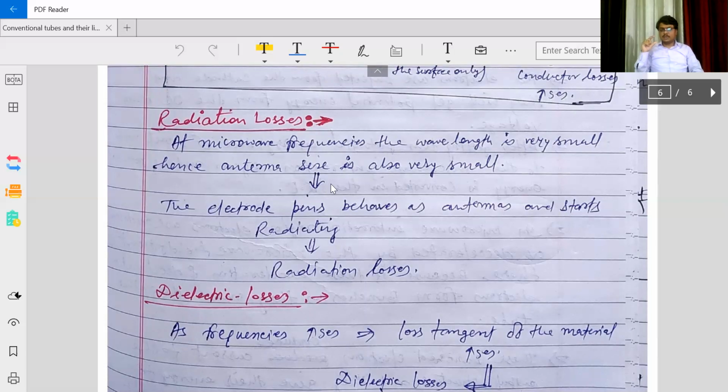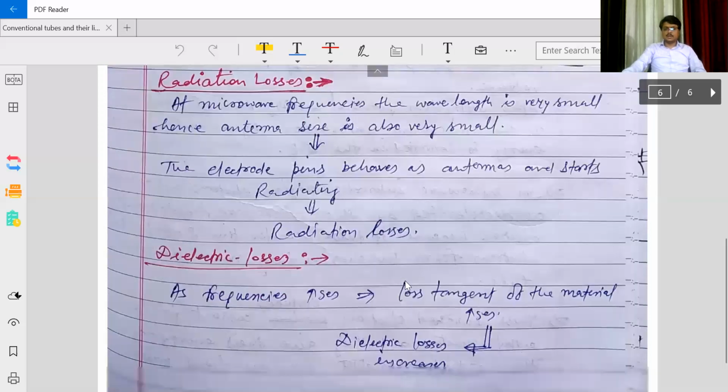And the electrode pins behave as the antenna, and start radiating. So if radiation is there, there will be radiation loss, because some of the energy is lost in the form of radiation. So at higher frequency, if we use these conventional tubes, then radiation losses will be there.